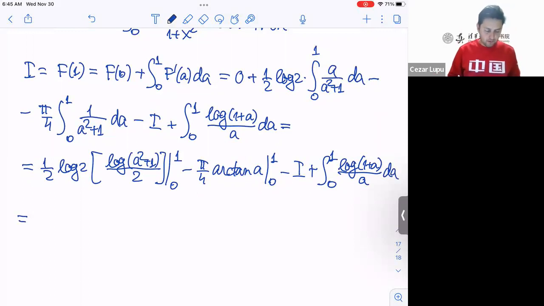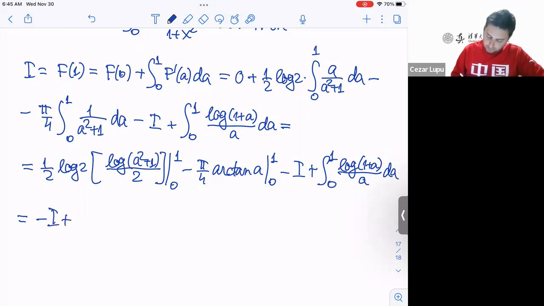So this will give us negative I plus ln of 2 squared over 4.